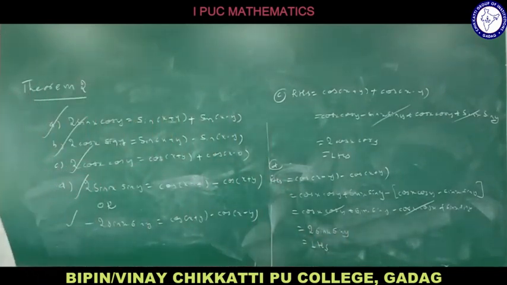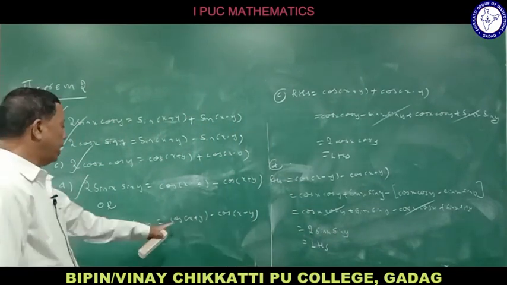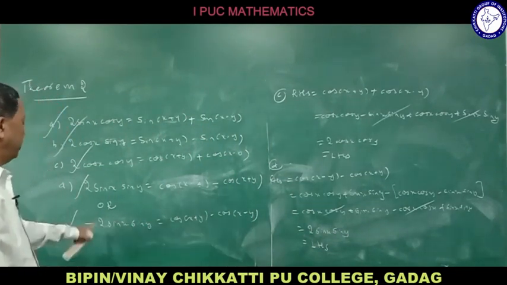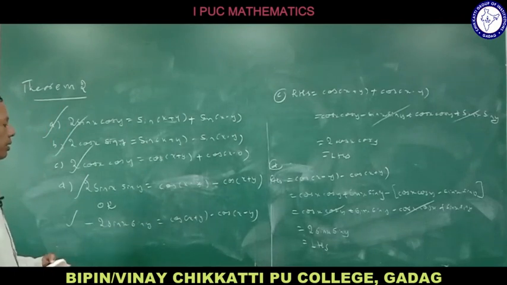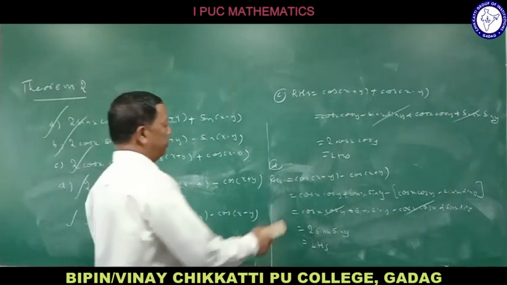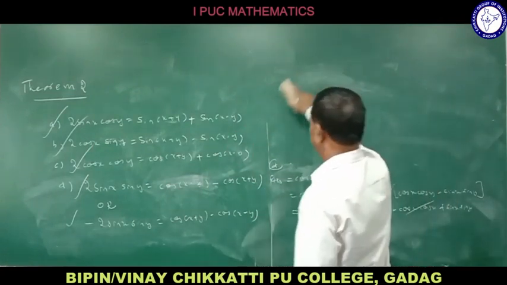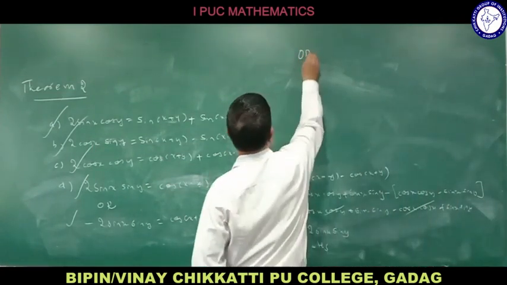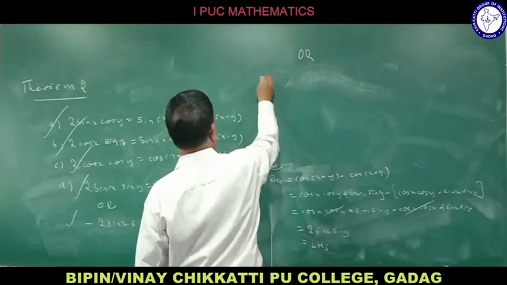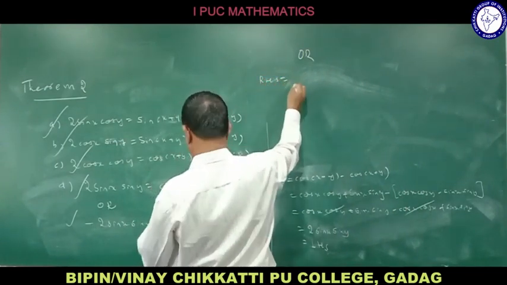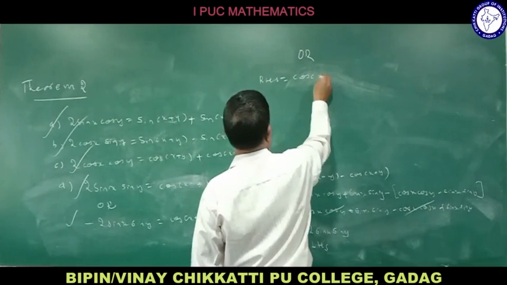Now take this last one, how do we find this result? Of course, it is one and the same, but you should confirm, for that sake I am going to take RHS. What is RHS?